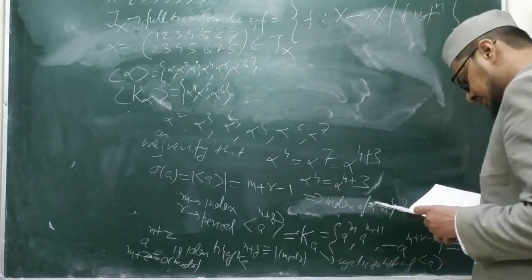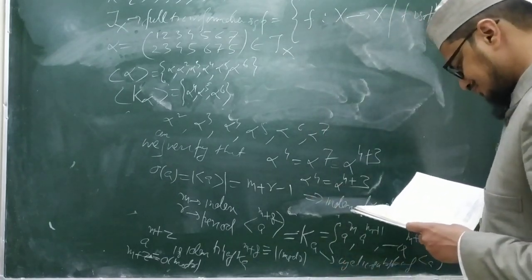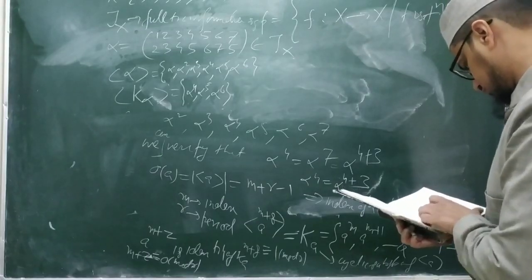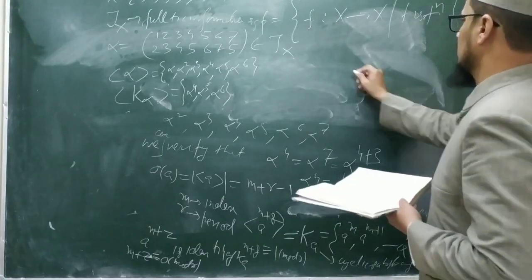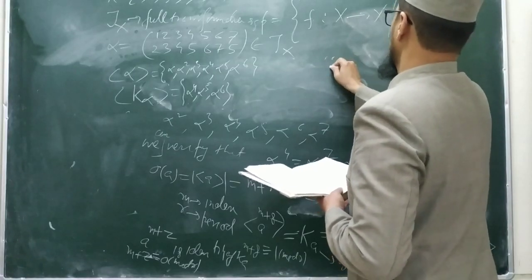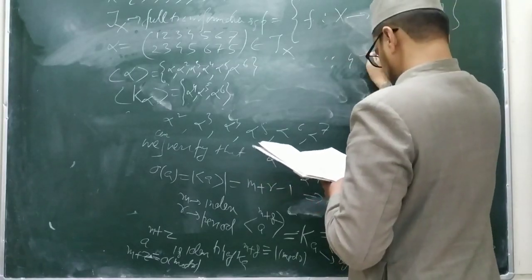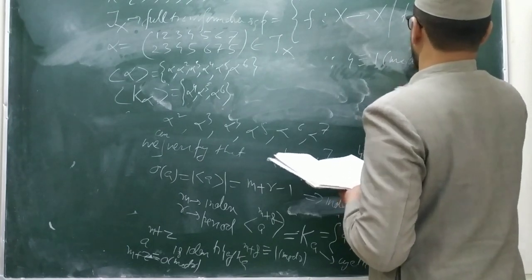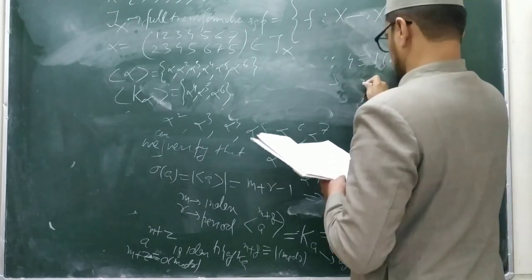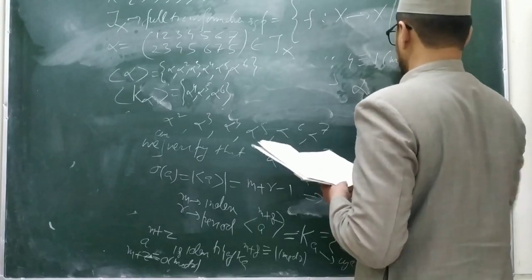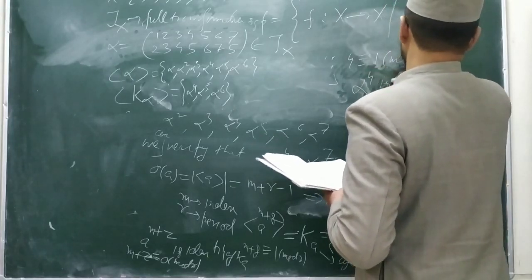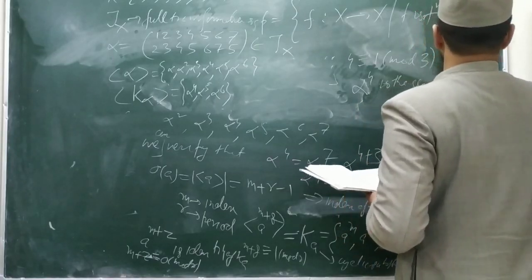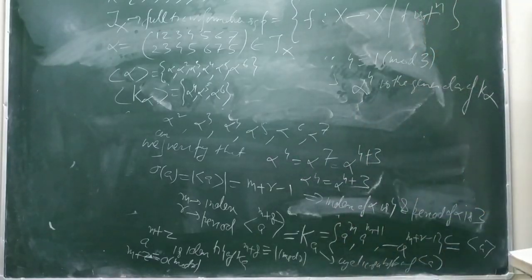Since 4 is congruent to 1 modulo 3, therefore alpha to the power 4 is the generator of K alpha, correct?